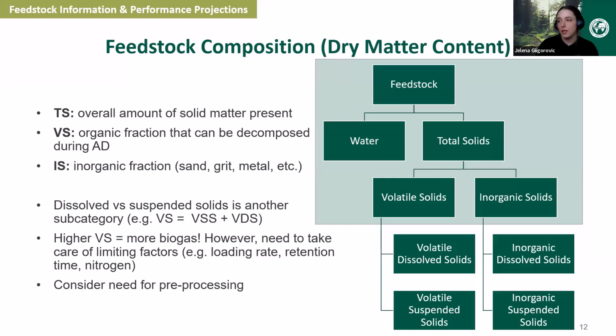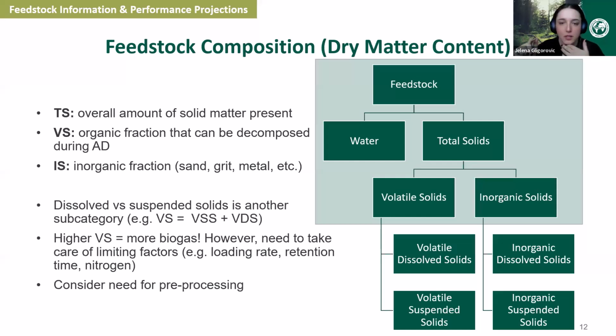Okay, so the first item here is feedstock composition, and mainly focusing on the dry matter content of your feedstock. I have a diagram that I made here on the right side, showing the breakdown of feedstock from your dry matter content downwards.